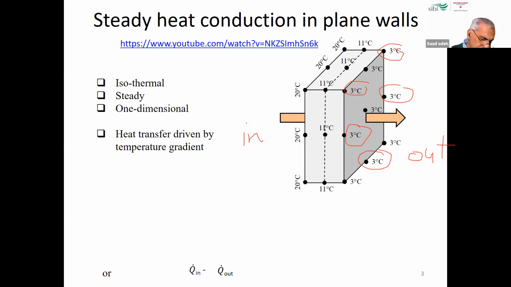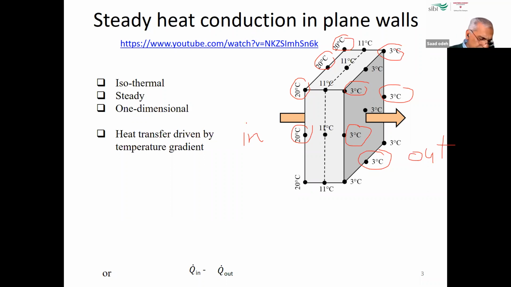As you can see also inside, we have 20 Celsius everywhere. So we have steady heat transfer by conduction because on both sides the temperature is fixed anywhere on the wall, and there is no change of this temperature with time. We call it steady state heat conduction, right?